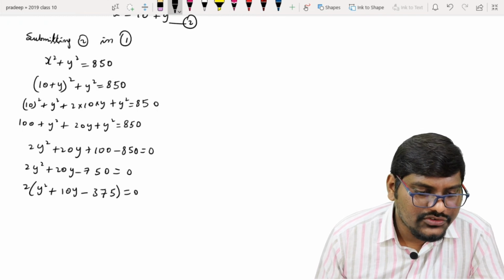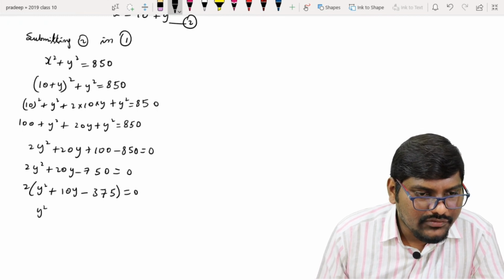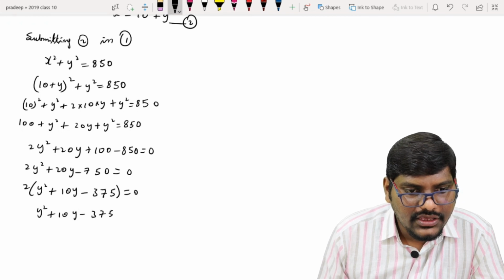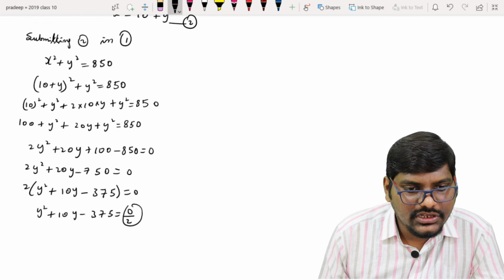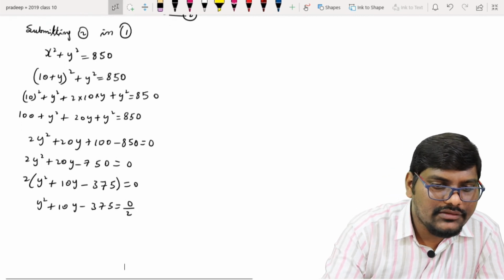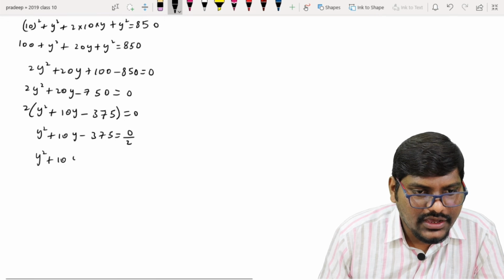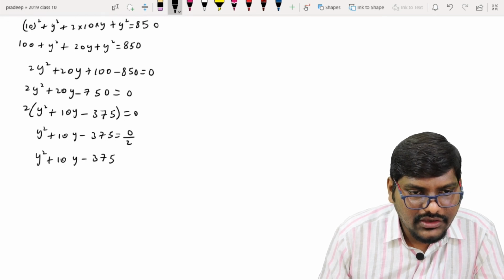Alright. So now let's try to solve this more. So I can write y square plus 10y minus 375 equal to 0 by 2. 0 by 2 is nothing but 0. Simply we can write this equation as y square plus 10y minus 375 equal to 0.